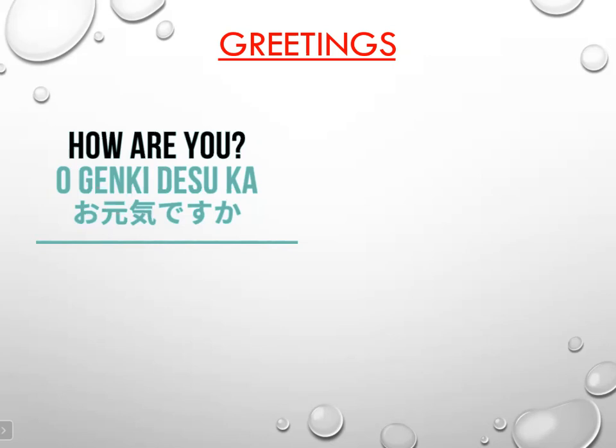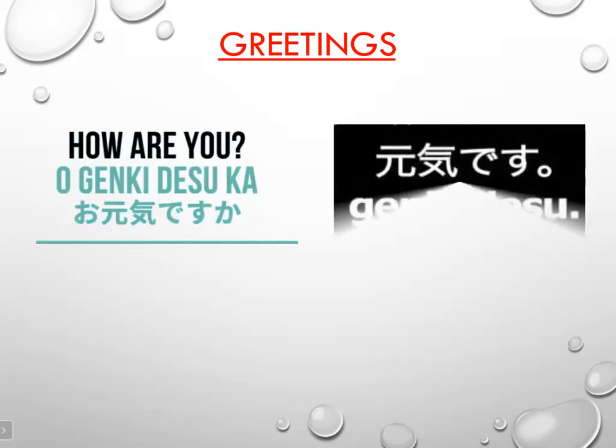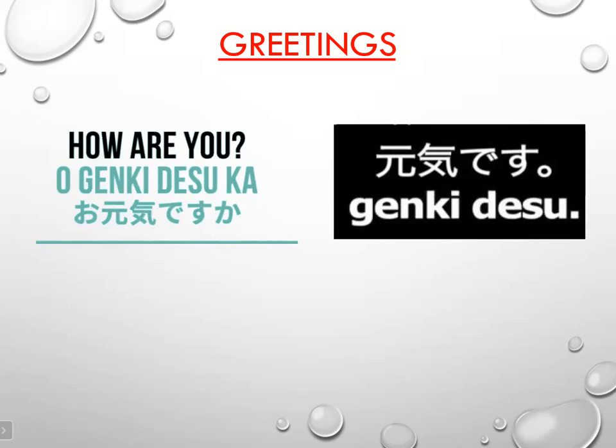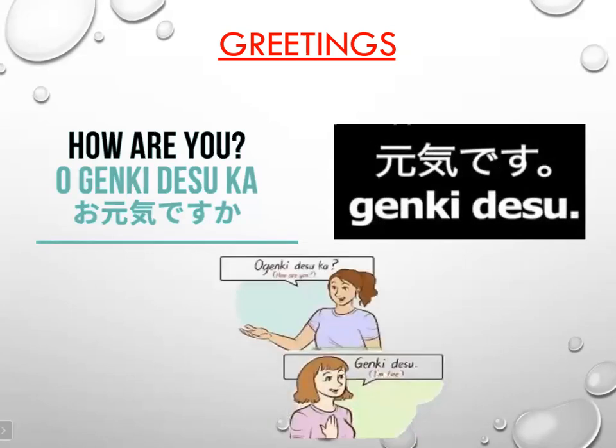When we meet somebody, we will say hello, that is konnichiwa. Then we say how are you, so we will ask o genki desu ka. Now the person will reply, I am fine. I am fine in Japanese is known as genki desu. So when you ask somebody o genki desu ka, the person will reply genki desu.